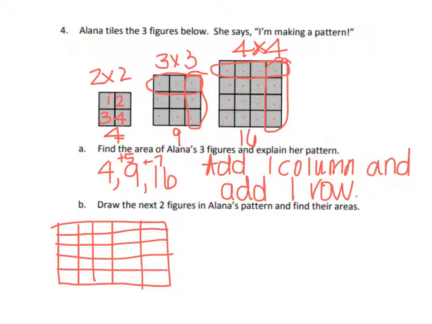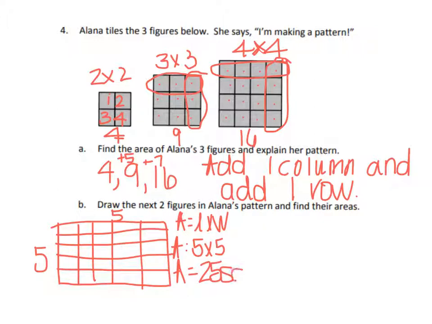And I'm going to make sure that there is 5 rows with 5 in each row. So the area of that would be area equals length times width. So I would have to multiply 5 times 5. So A equals 25 square units.